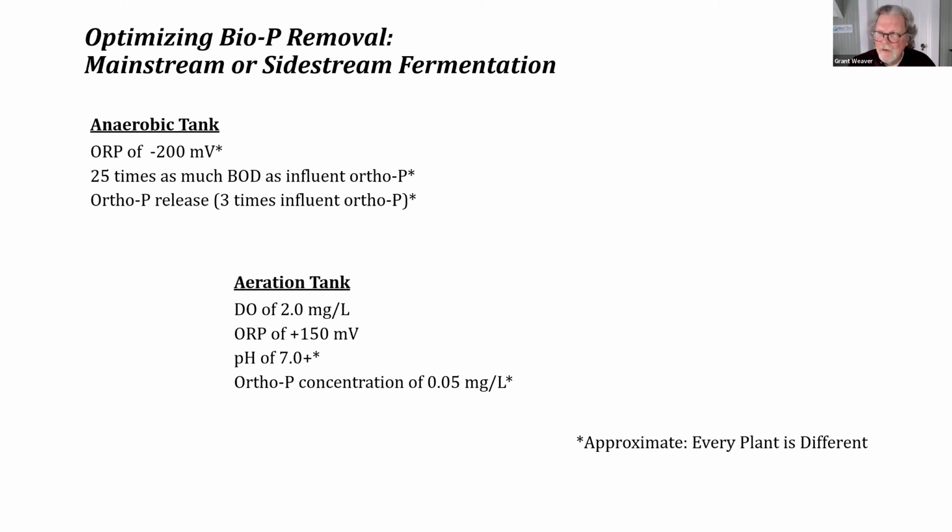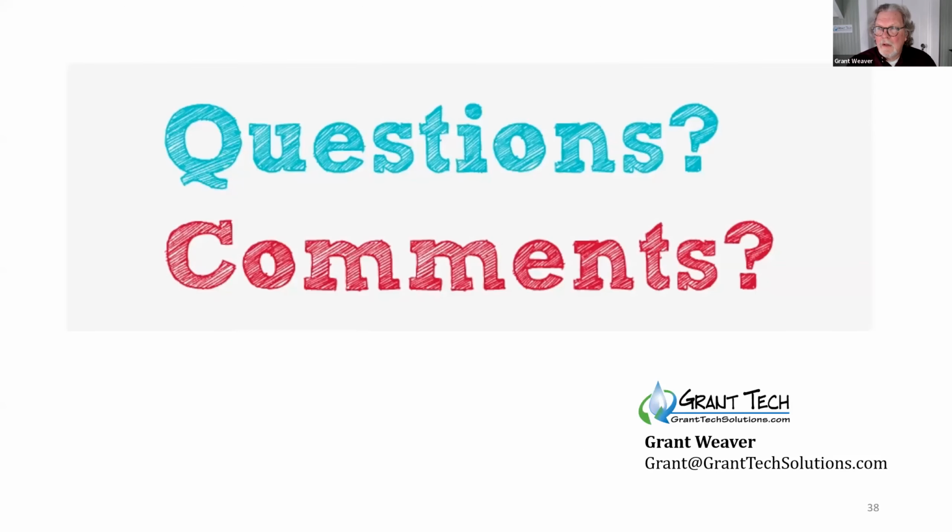And as they do, they're going to pull all but an almost non-detectable level of soluble phosphorus out of solution, so that coming out of the aeration, if everything's dialed in, we're going to have a very low soluble phosphorus. Most all the phosphorus from a practical standpoint will be in and with the mixed liquor, which will be in the TSS going out the effluent. That's phosphorus removal in a nutshell.